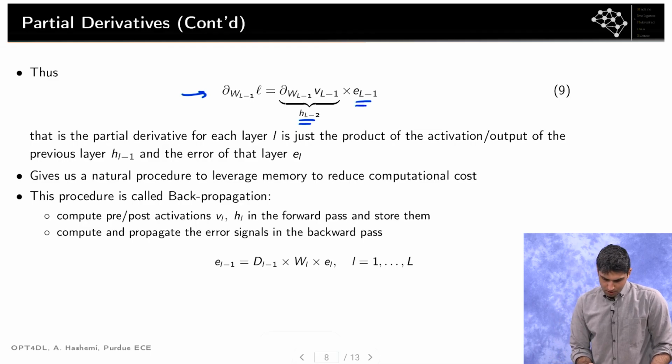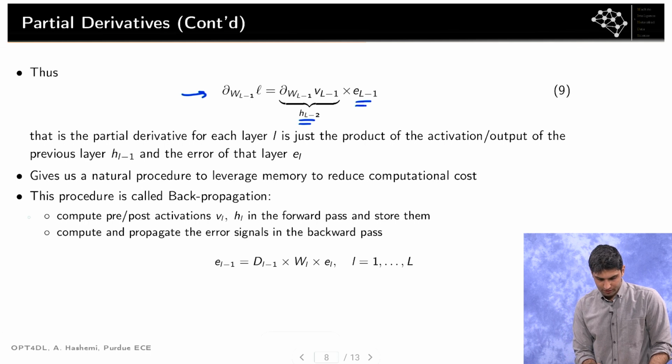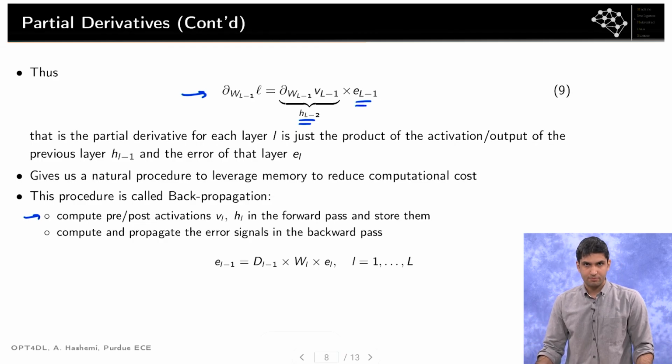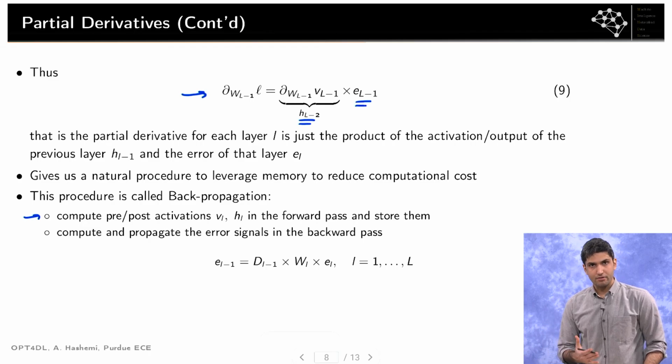We notice that we have to calculate certain quantities, notably the pre and post activation vectors, in order to calculate partial derivatives. So we calculate them in what we call the forward pass: we traverse the network from the input to the output and store the pre and post activation vectors in memory. And then in the backward pass, I'm going to propagate the errors.